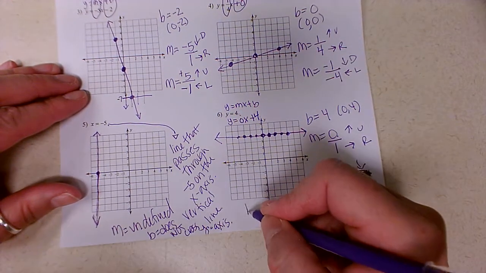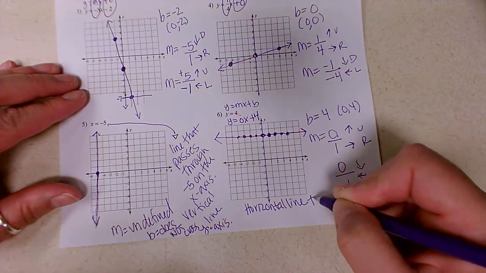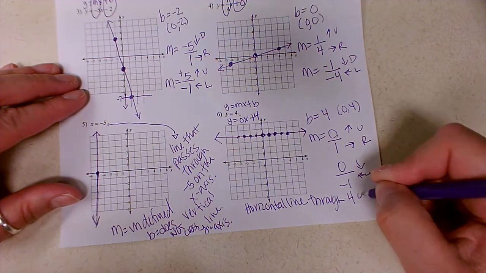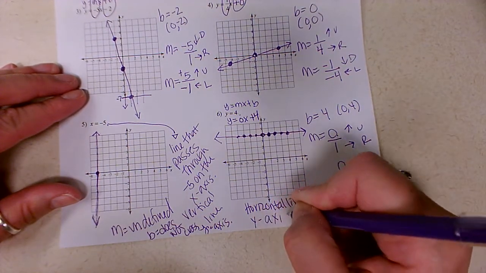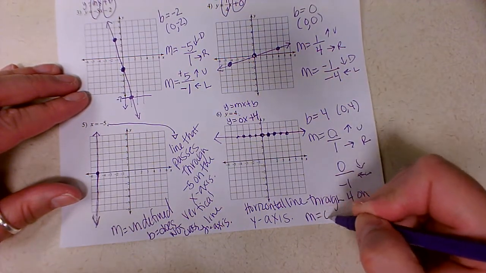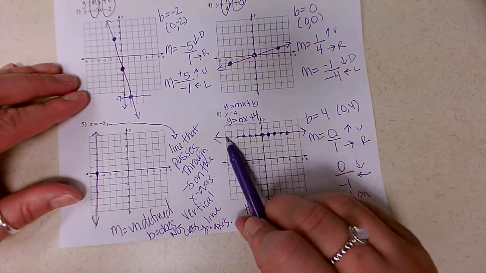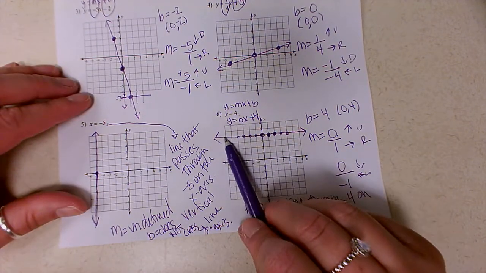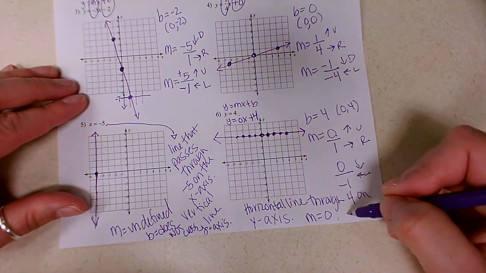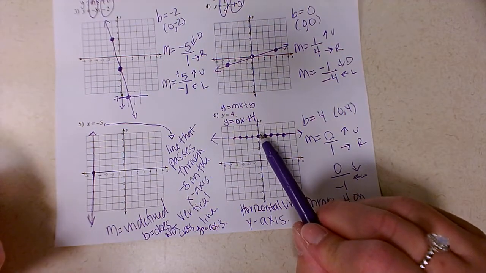So it's just a horizontal line through 4 on the y-axis. Our slope is 0. So kind of like you're just walking on the street, there's no slope to this street. It's a 0 slope. I can't say there's no slope. There's a 0 slope to this line right here. And our b, we actually have a b. We cross the y-axis at 4.